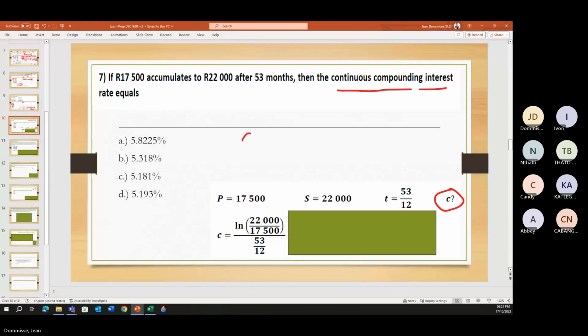To work out C, we need ln of S over P, divided by T. If you go back to your original, it will be e to the power of C times T. The only way to get that exponent to a level that we can work with is to take ln into consideration.